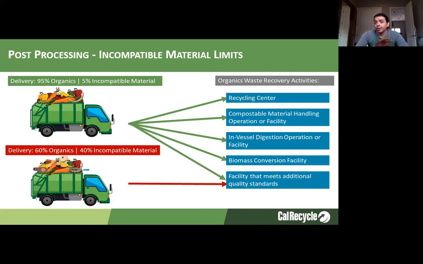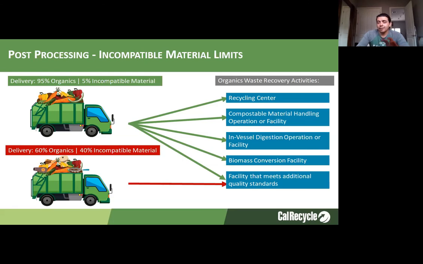And there's really no limit on where that material can go. And then if you look at the next example, if you have a facility with a 40% incompatible material limit, so it's well above that 20% limit, it can only go to facilities that meet what we call additional quality standards. It really can't go to any facility but those based on the incompatible material limit.